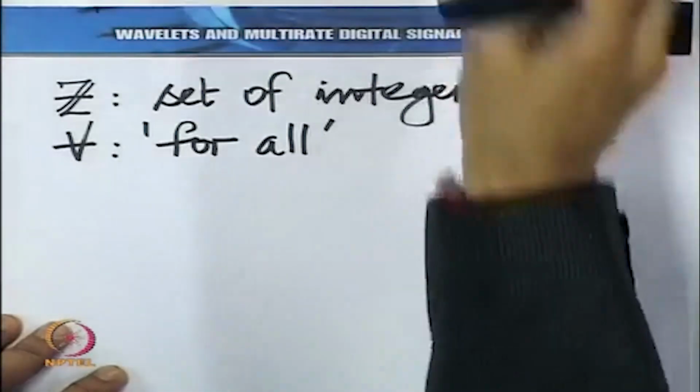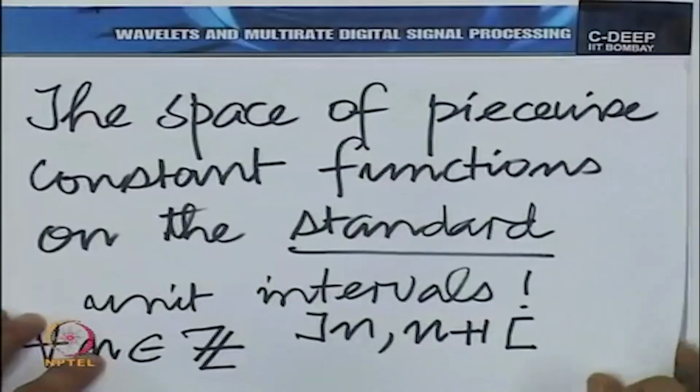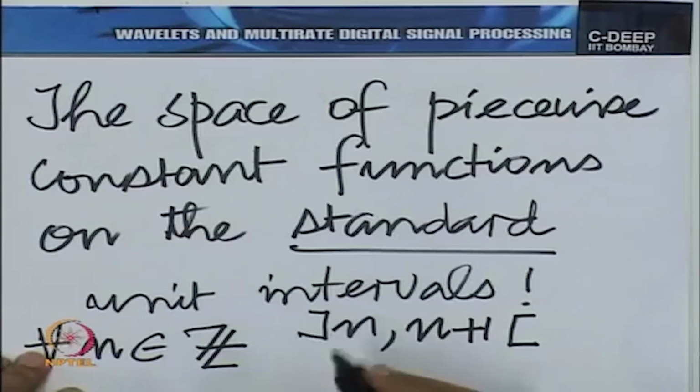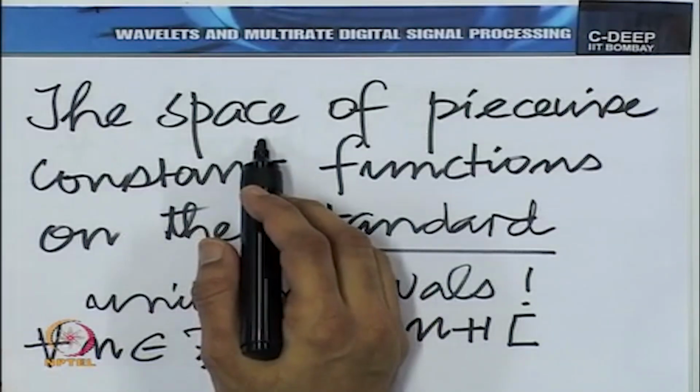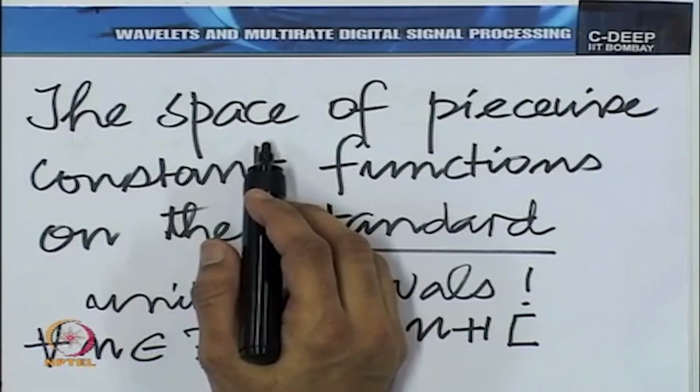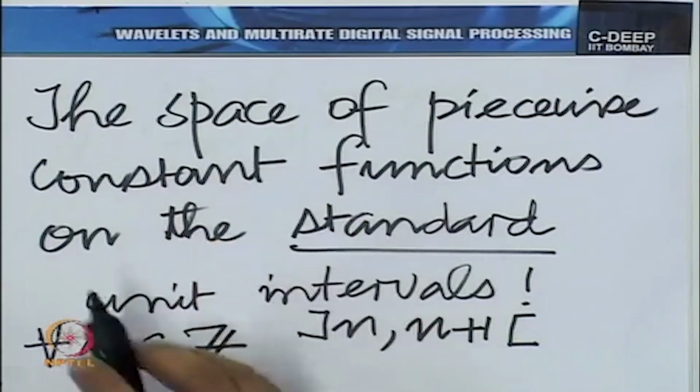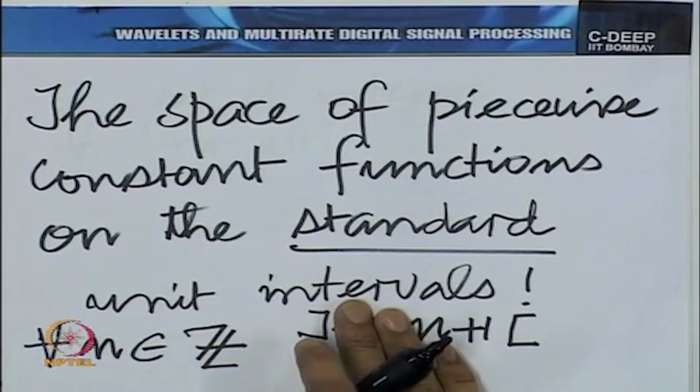So, what are we saying here? Let us go back. We are saying we have this space. Now, again I must recapitulate the meaning of space, linear space. A linear space of functions is a collection of functions, any linear combination of which comes back into the same space.